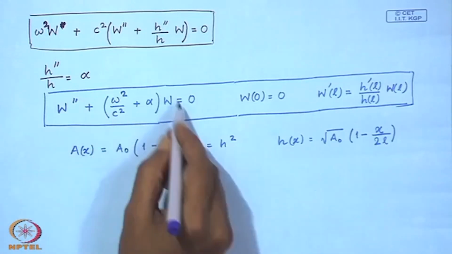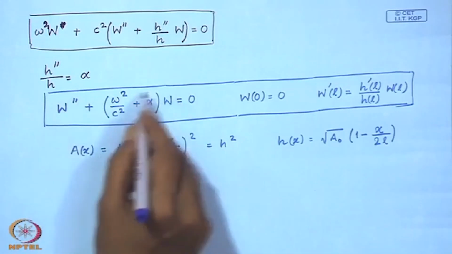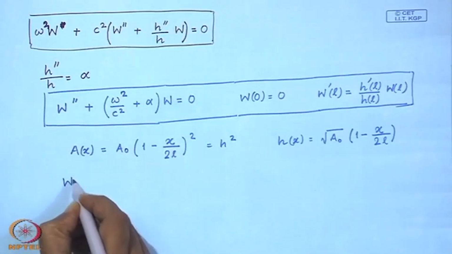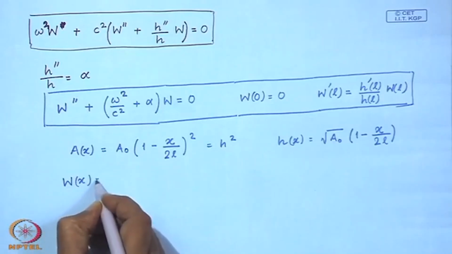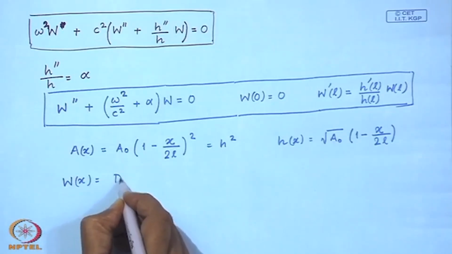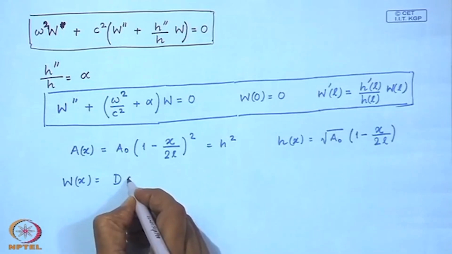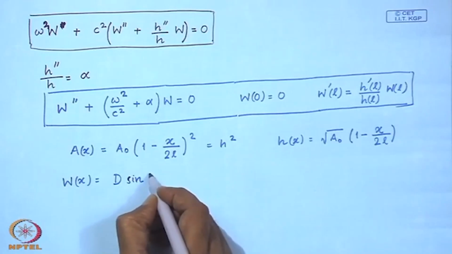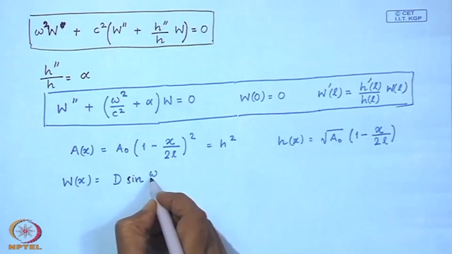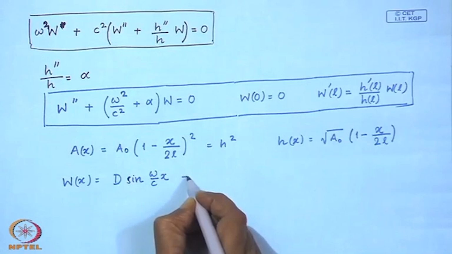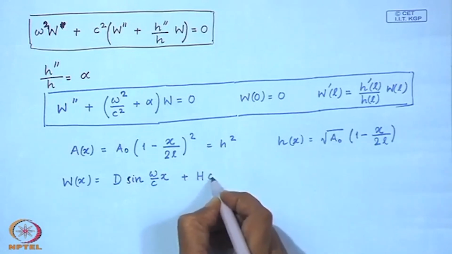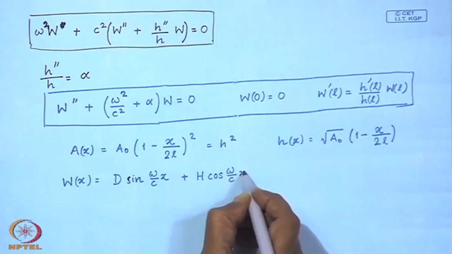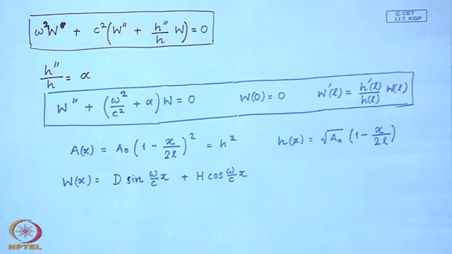So, if that is 0, then the differential equation simplifies further, and the solution can be written as follows.